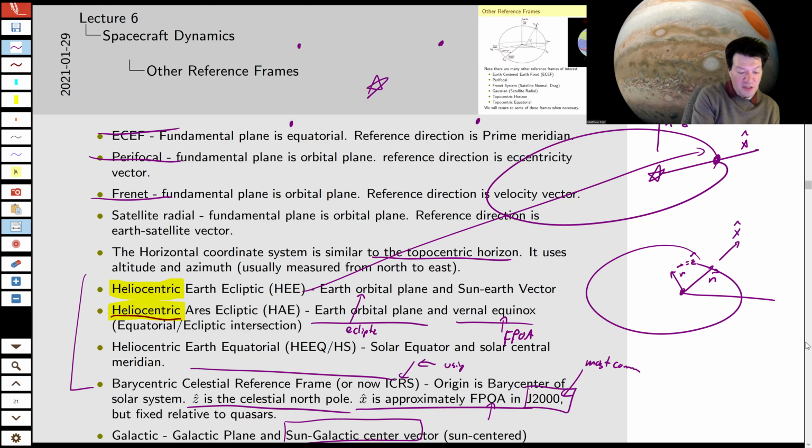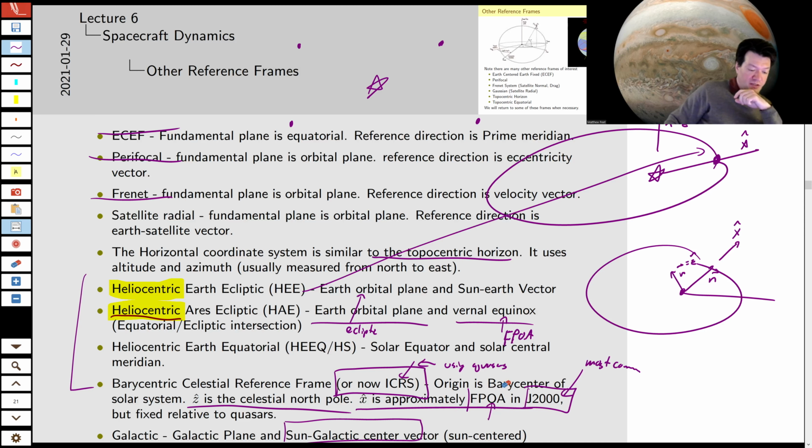So lots of coordinate systems. Again, if you're serious about astronomy, ICRS is the one that people use now, defined by those quasars. And it approximates, however, the first point, it approximates the J2000 coordinate system.